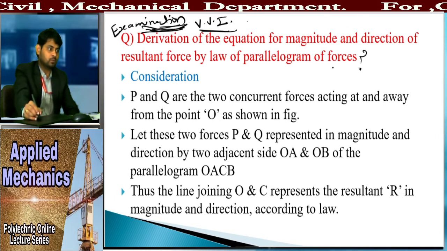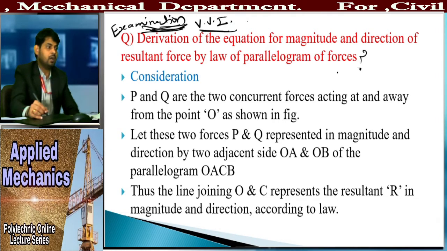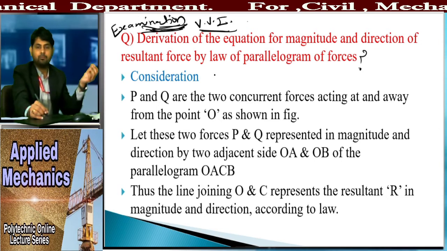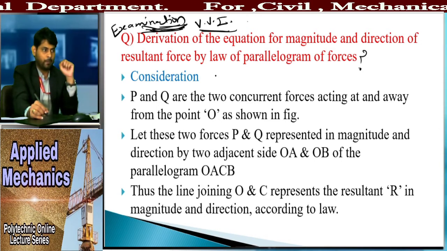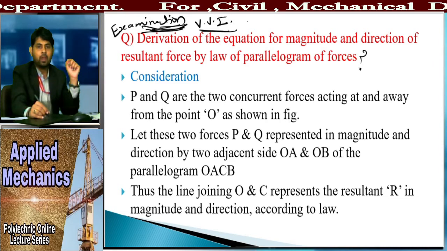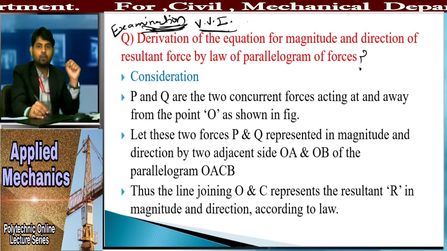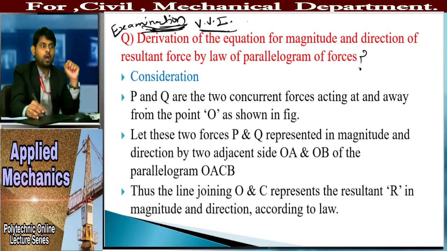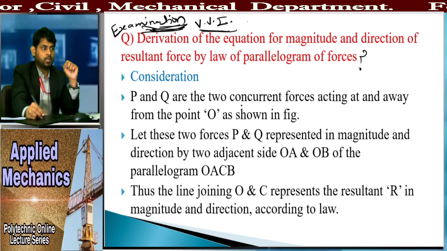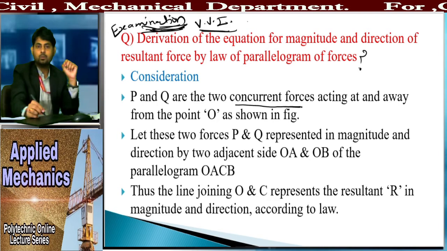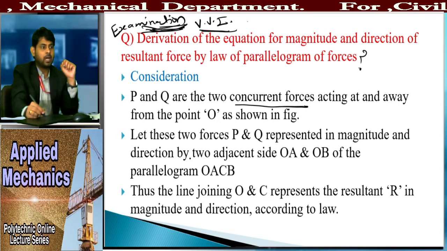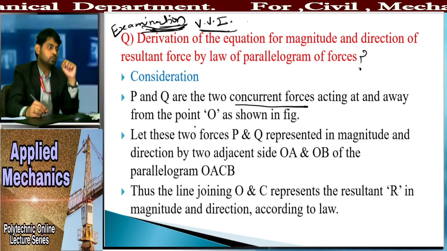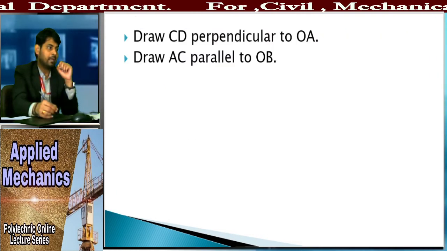First, we have to make one consideration, like in the previous slide where we discussed the law of parallelogram. We have to consider that P and Q are two concurrent forces, which are acting at and away from the point O. Here we have to draw a diagram like this.